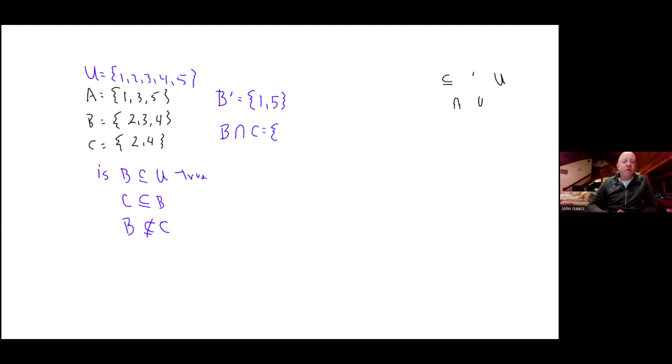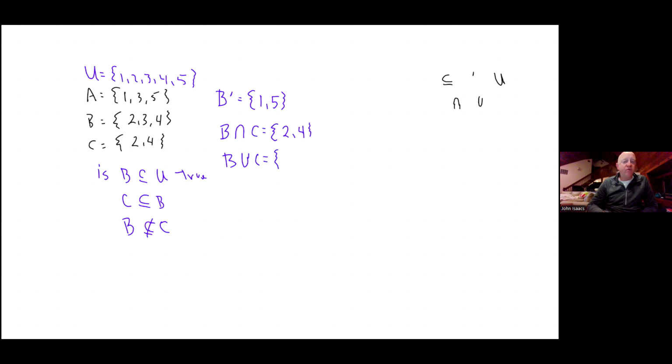That'd be 2 and 4. In comparison, B union C means take all the elements in B and all the elements in C. We're going to list all of them. We're not going to be exclusive between them. So that would include the 3 also.